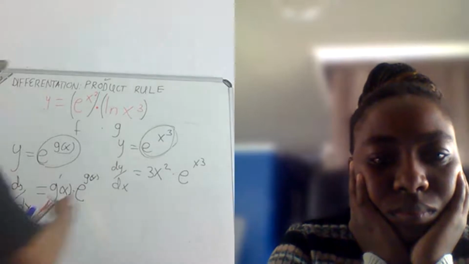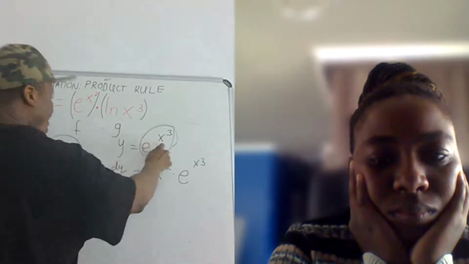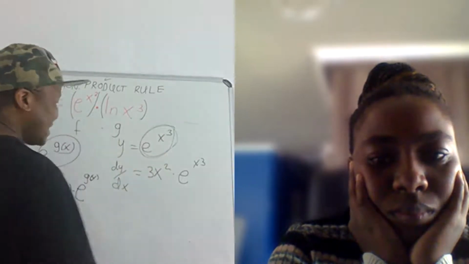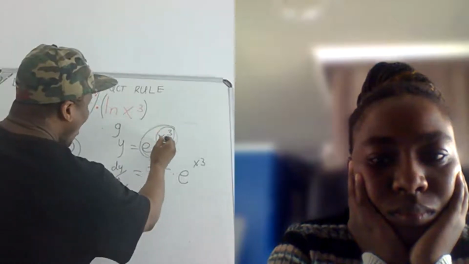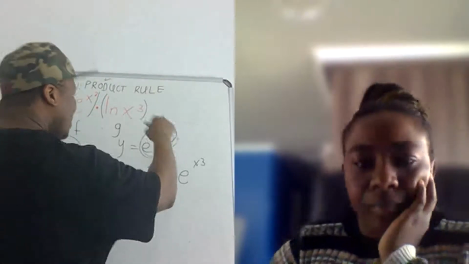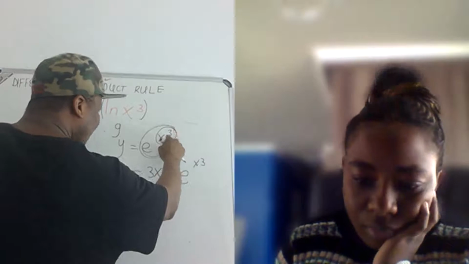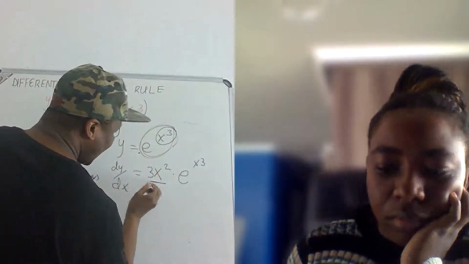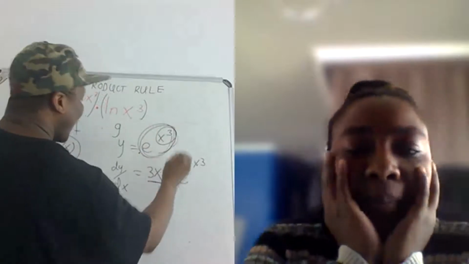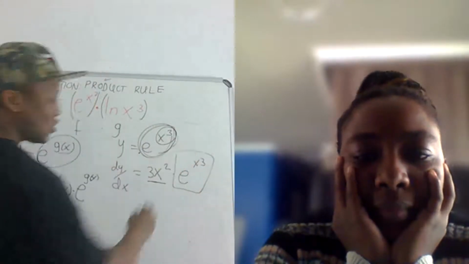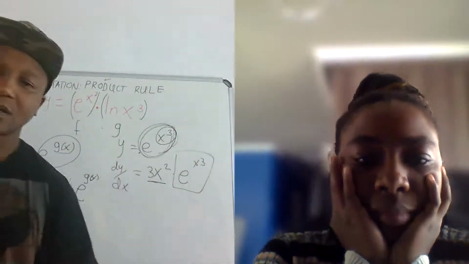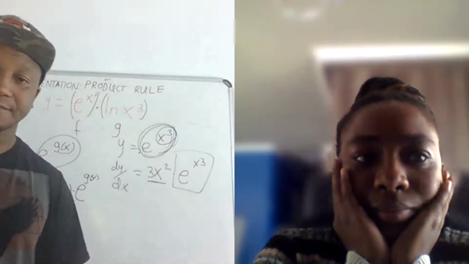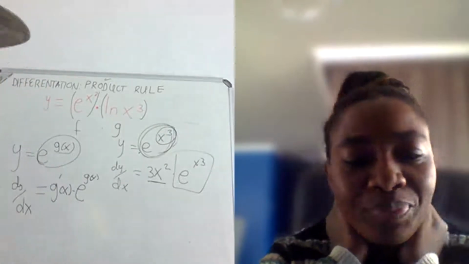Right here, they gave me e^(x cubed). I only differentiated whatever is on top, and when you differentiate x cubed, it gives you 3x squared, which I wrote here behind e, and then I wrote exactly what I had here, which is e^(x cubed). Do you understand? Or should I say it again? No, it's fine. Understood. It's okay.